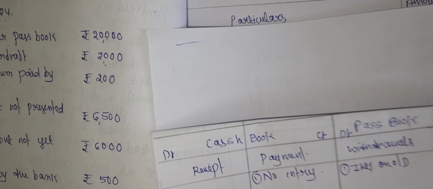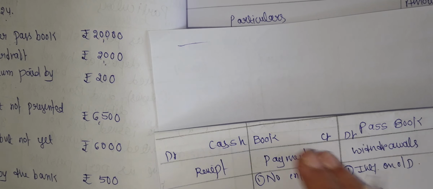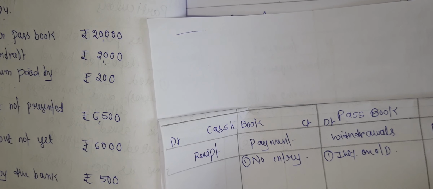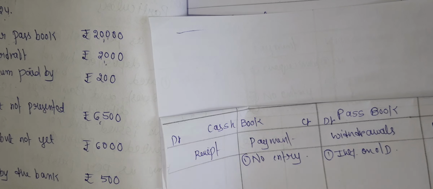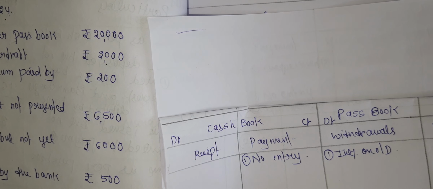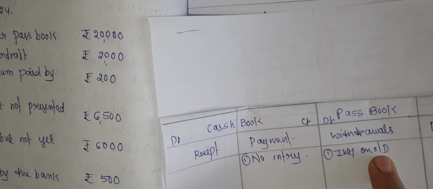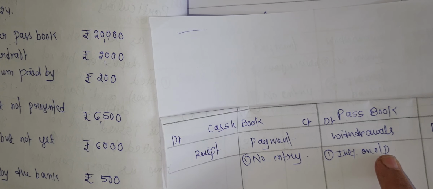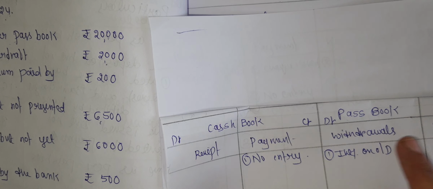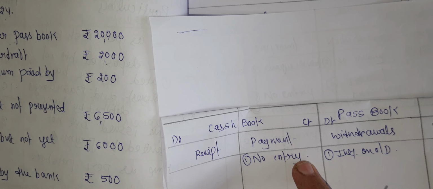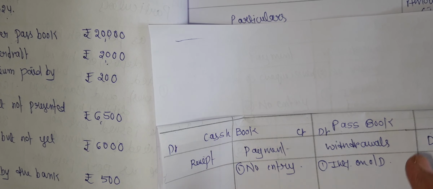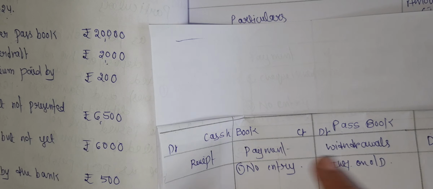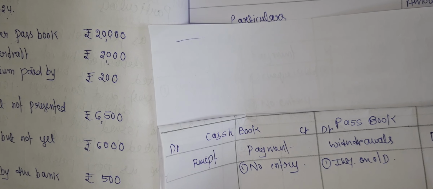Fine. Now second step is comparison of cash book as well as passbook. Here the passbook balance is less compared to the cash book. Why? In the passbook they entered the transaction on the debit side, means in the withdrawal side. But in the cash book they are not aware of the transaction, means there is no change in their balance. So the passbook balance is less compared to the cash book. And third step is what?